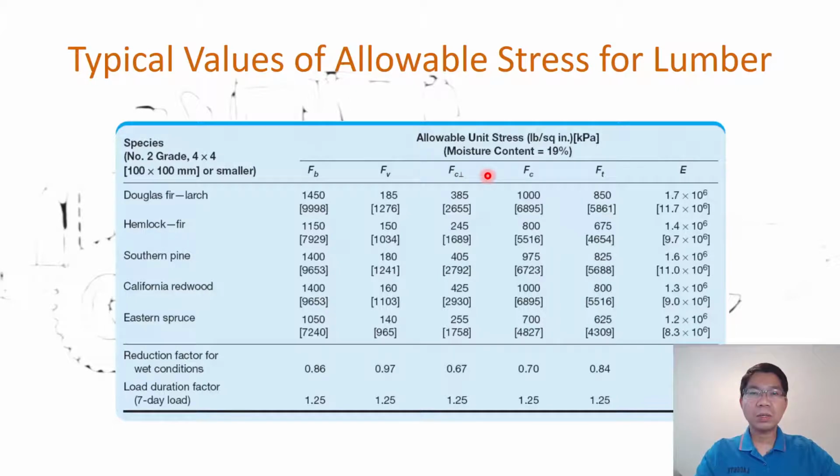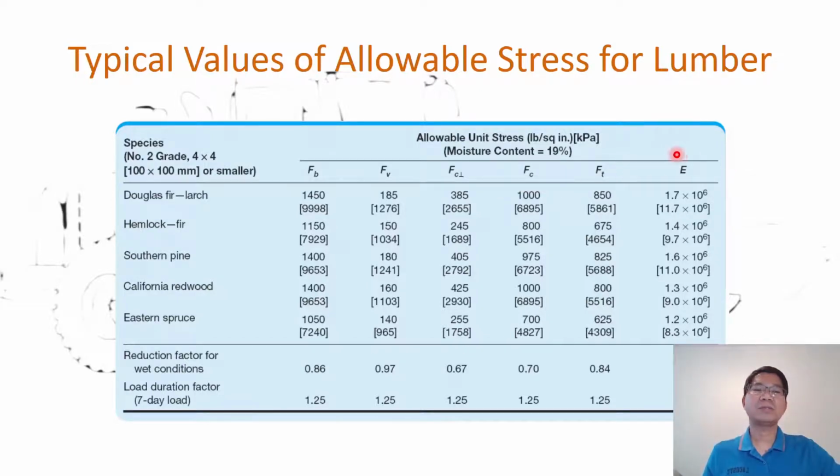FC perpendicular, allowable stress in compression perpendicular to the grain. So as you can see, lumber is not homogeneous and isotropic throughout. Different directions have different strength, and you can see perpendicular to grain and parallel to grain are not the same.